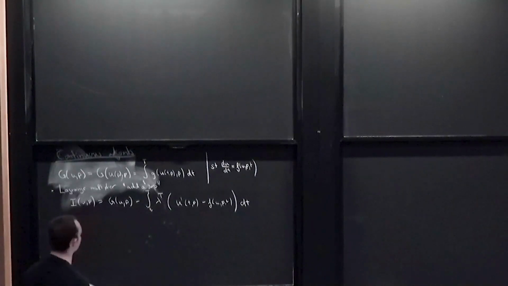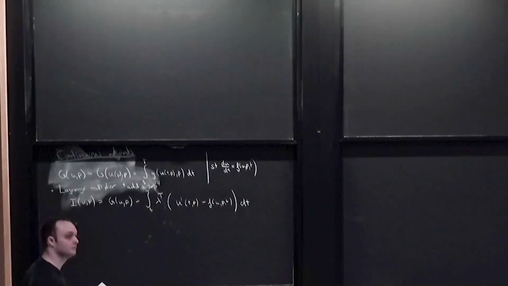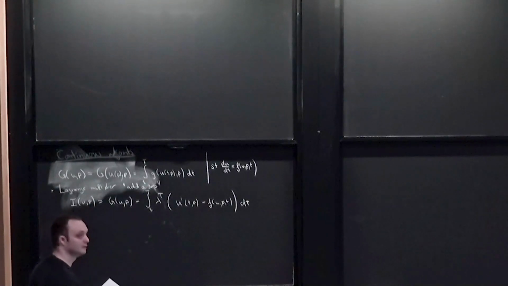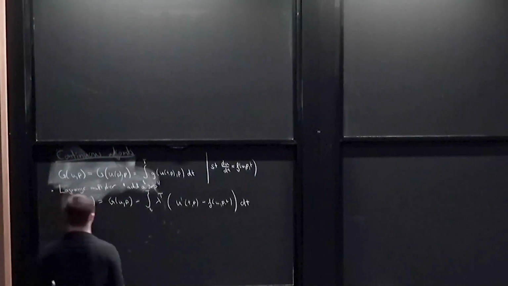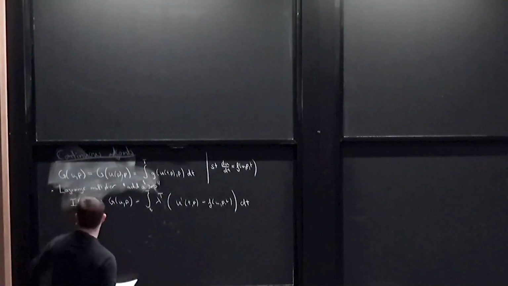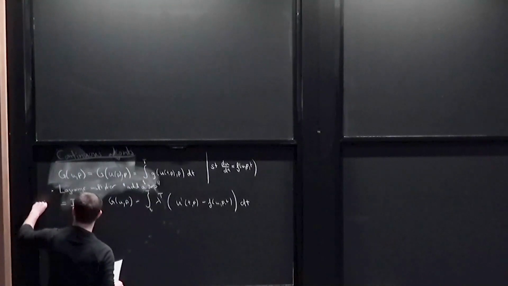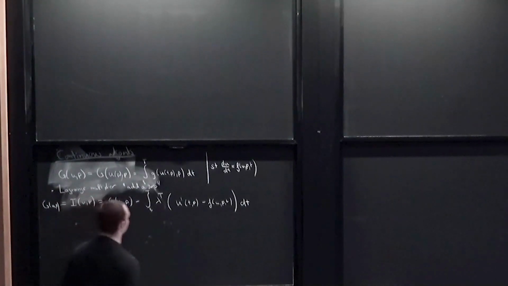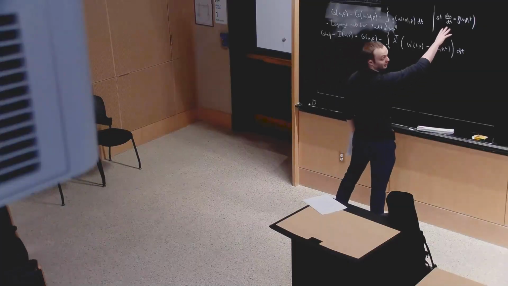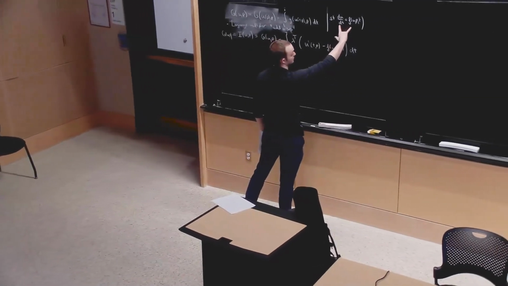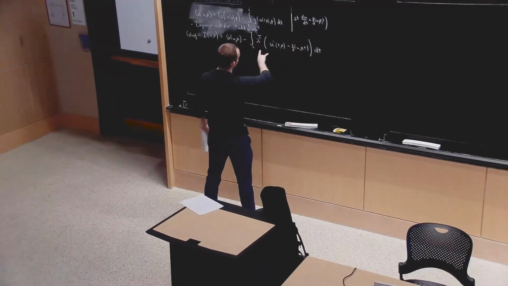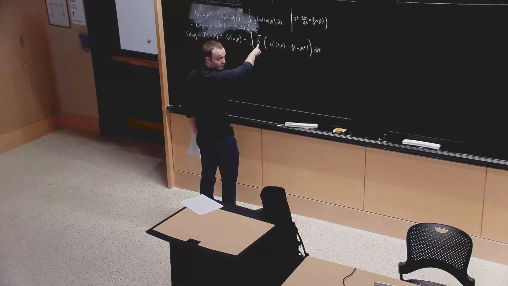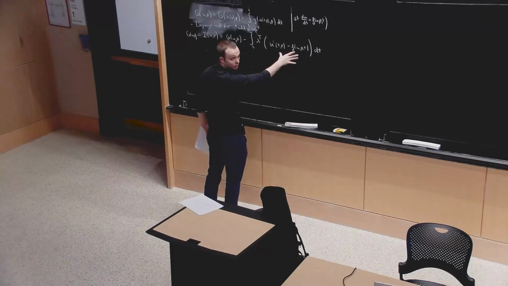Exactly. Does everybody see why that's a 0? Right, so because by definition our state fulfills this ordinary differential equation, we can introduce this kind of Lagrange multiplier, and that term is 0.